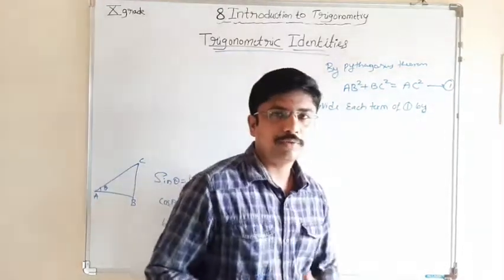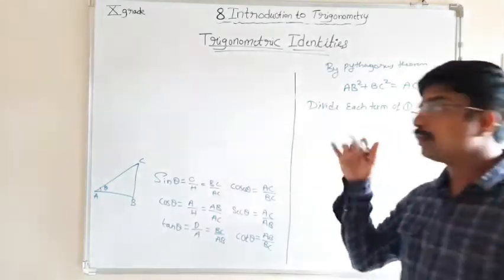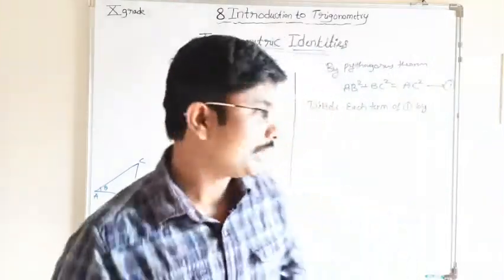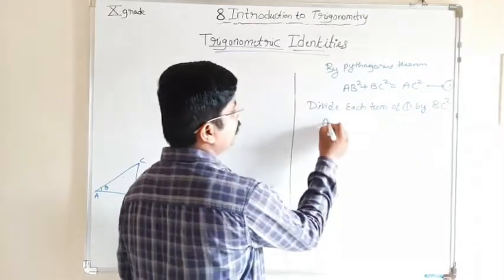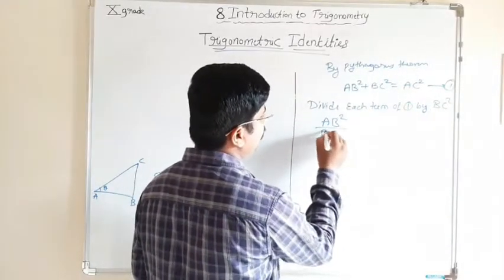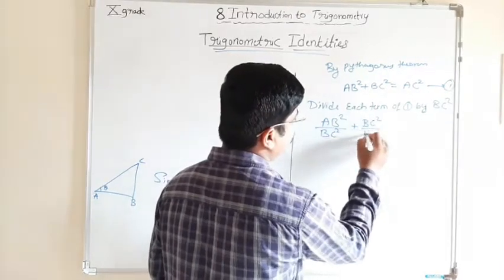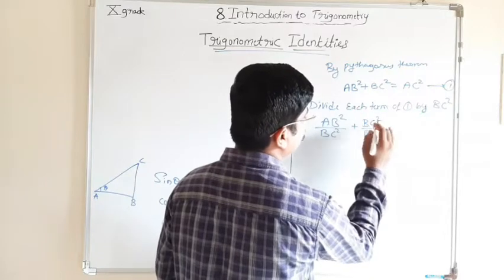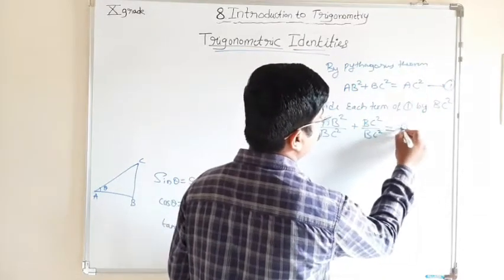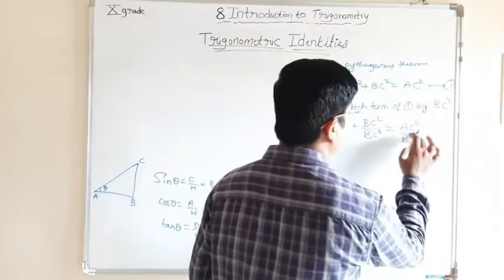Okay, dear students, now we will divide 1 by BC square. See here, what we will get? AB square divided by BC square plus BC square divided by BC square, which is equals to AC square divided by BC square.